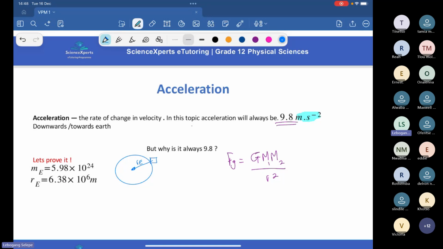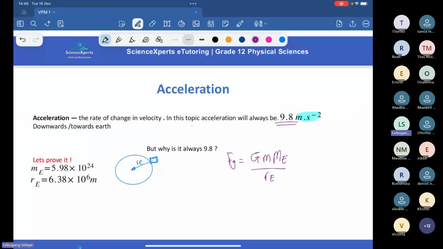If the object is on the surface, we already know that r here would be the radius of Earth, and one of the masses would be the mass of Earth, and the other mass would be the mass of any object. I can call it m.